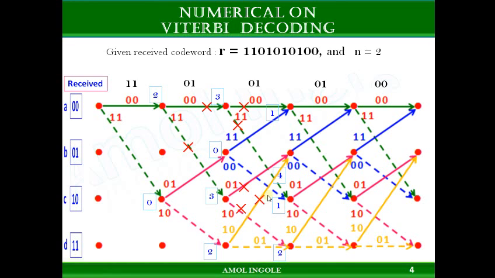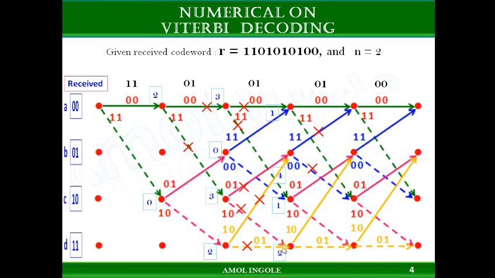You can discard this fourth one, and you can also discard these two, because if you look at this node, there are two branches incoming. One is already discarded, and we have discarded this now. So these two will have no meaning, so should also be discarded.